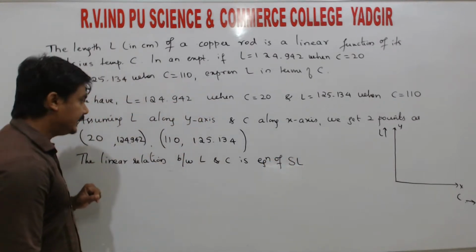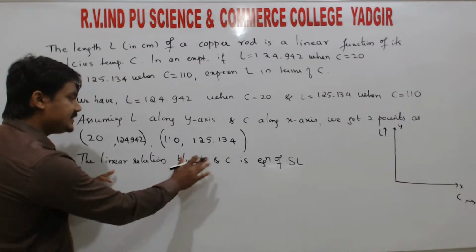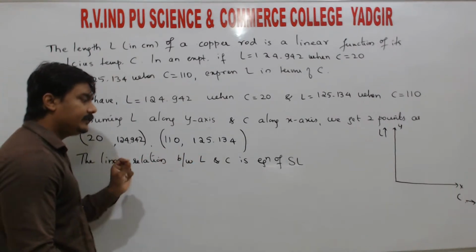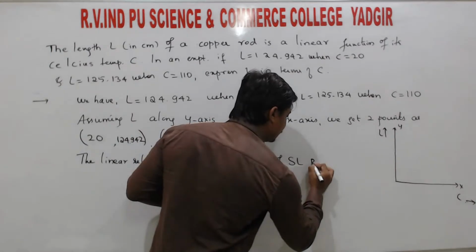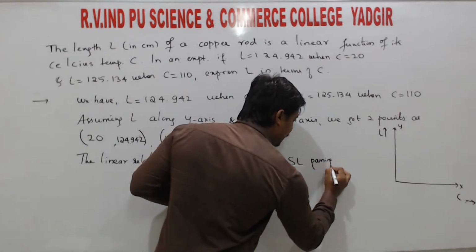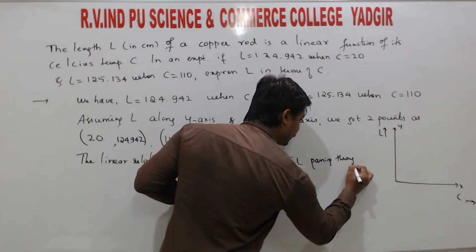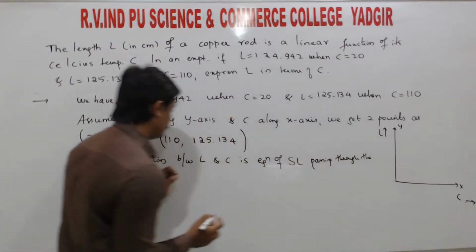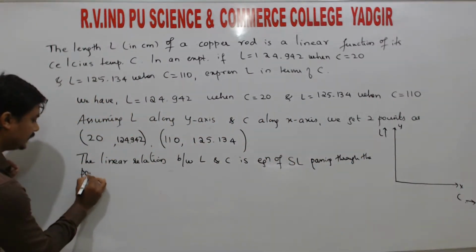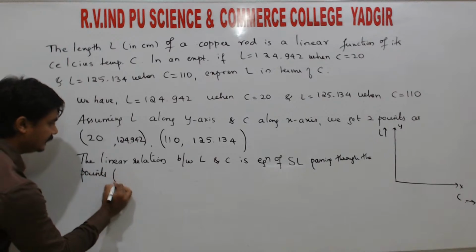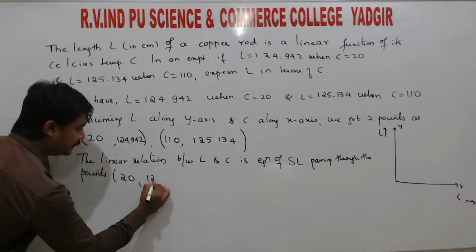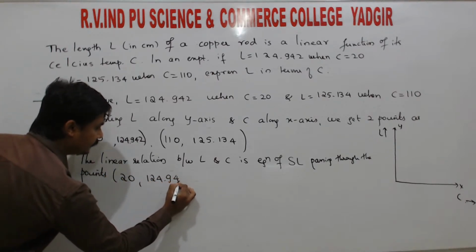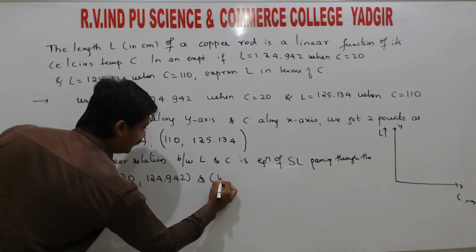SL stands for straight line. The linear relation between L and C is the equation of a straight line passing through the points (20, 124.942) and (110, 125.134).